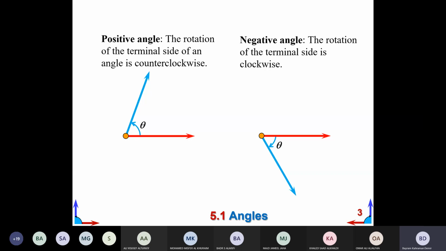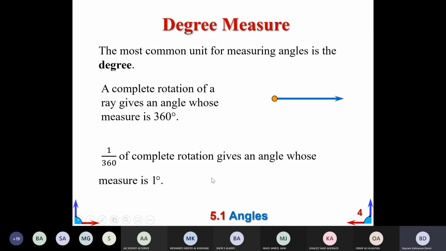All right. That is why we call it positive angle and negative angle, depending on the rotation, Shabab. And now, if you rotate one complete rotation, as you see, we will measure it as 360 degrees.